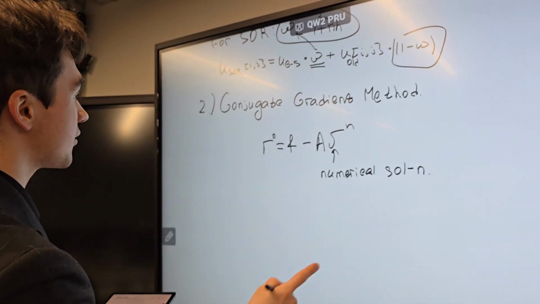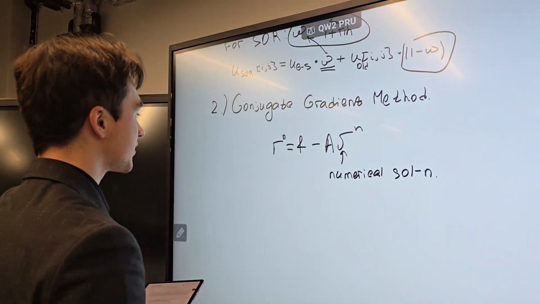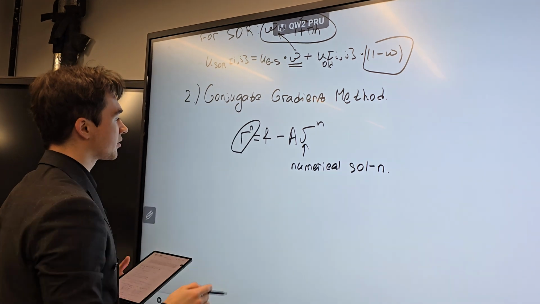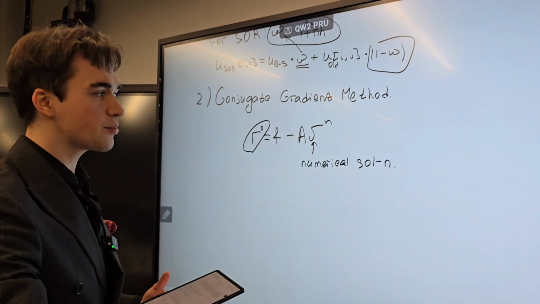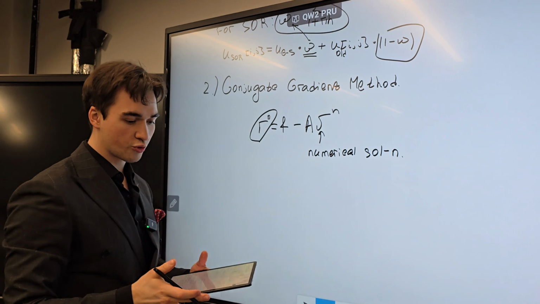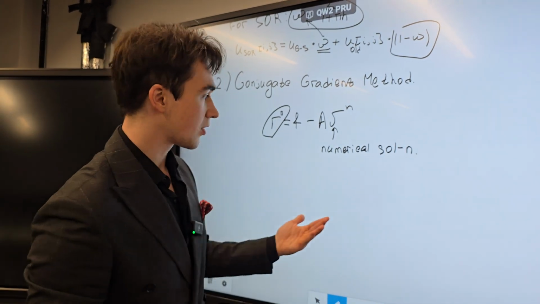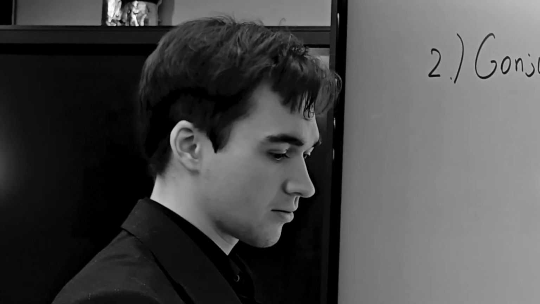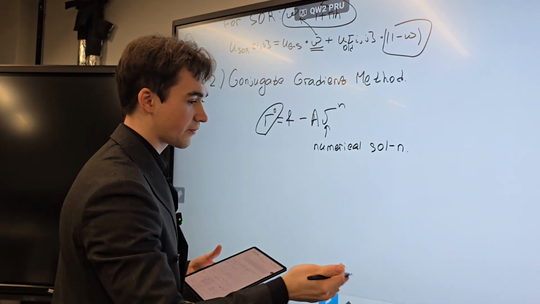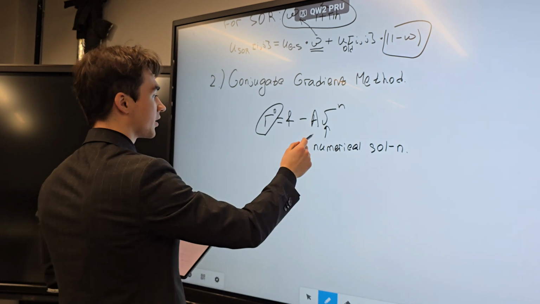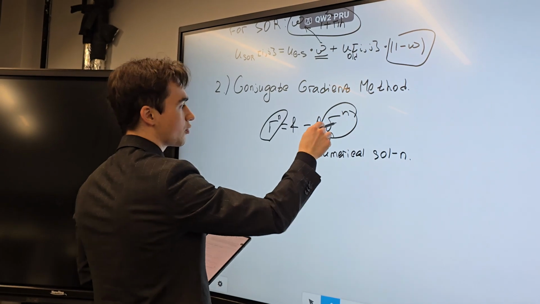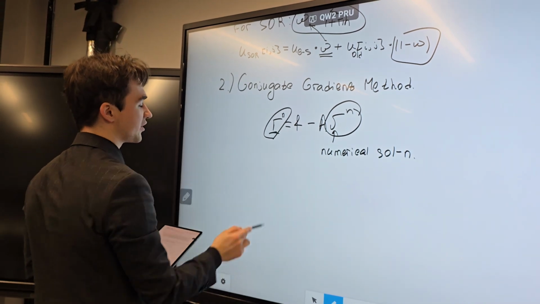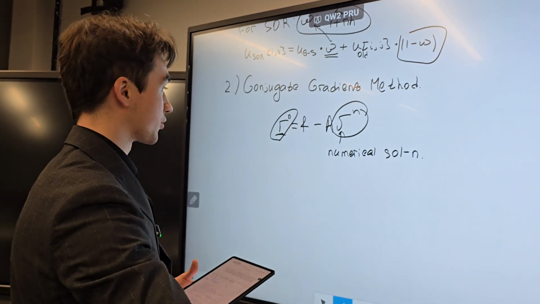And the idea of the conjugate gradient method is that we want to minimize our residual at each step, and therefore we want to move with the gradient of the residual. So we want to find a vector, a direction in which we need to update our new solution so that our residual decreases the most.